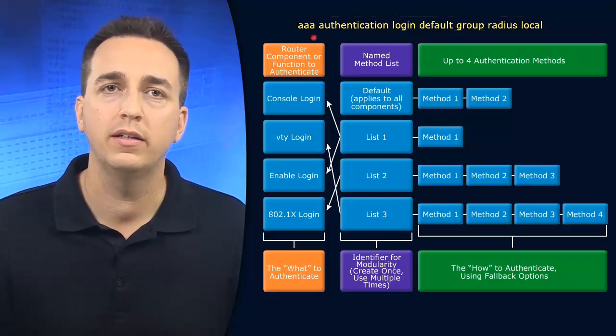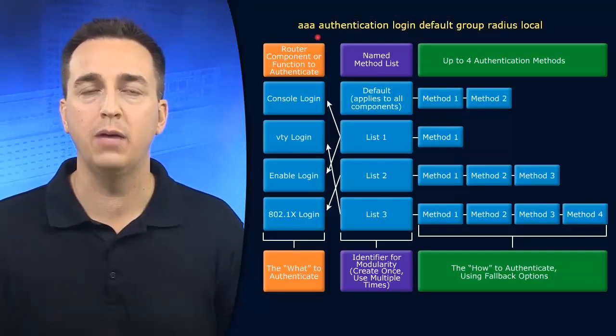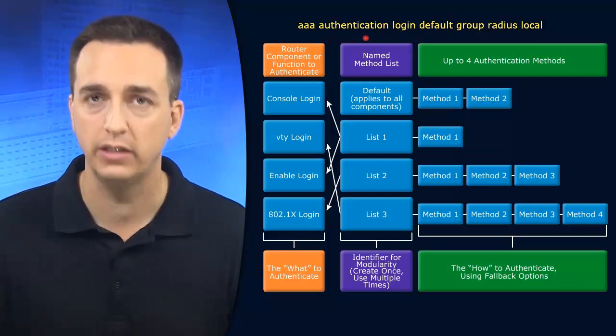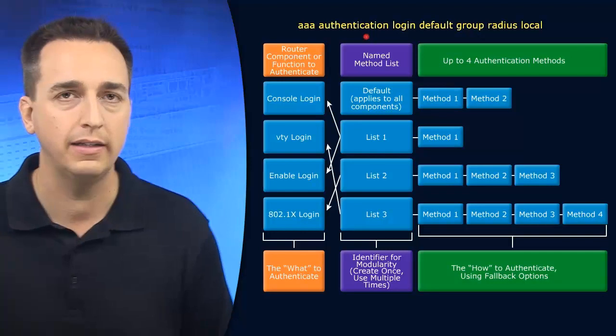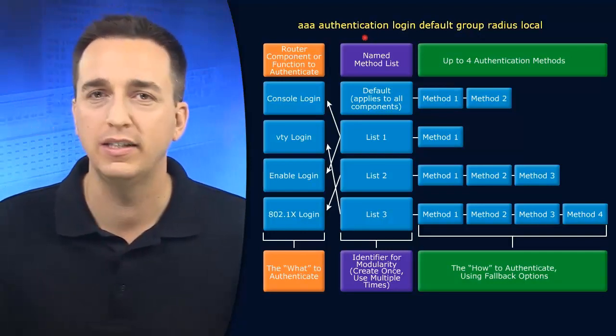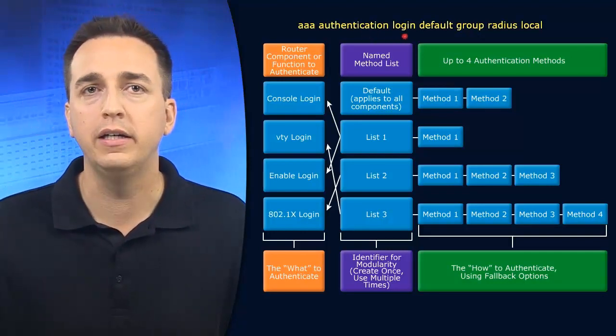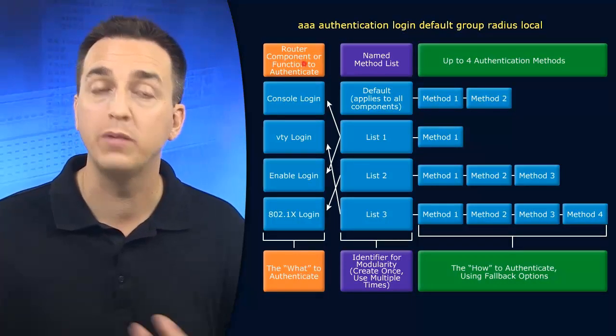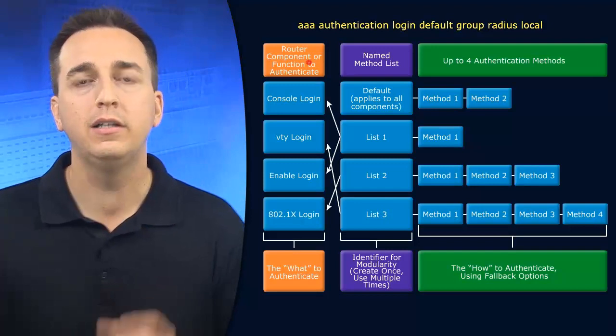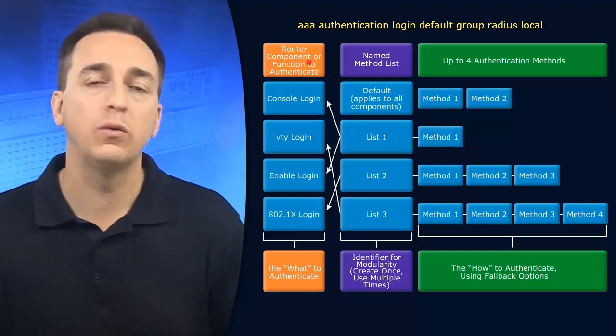Well, AAA authentication is referring to the fact that we're setting up a AAA authentication method list. So not an authorization list or anything related to accounting. It's strictly authentication. And then login here is referring to our router component or function that we're going to be authenticating. Now, there are many different items or functions that we can authenticate.